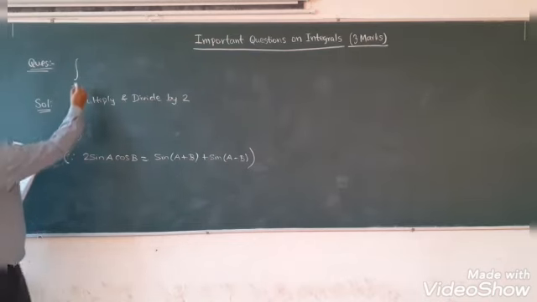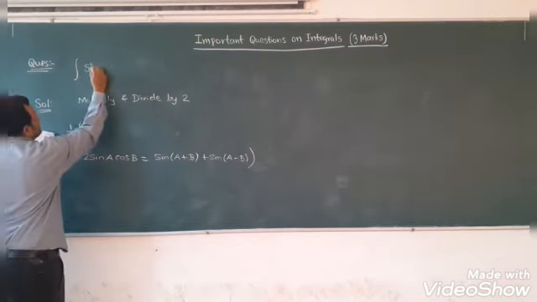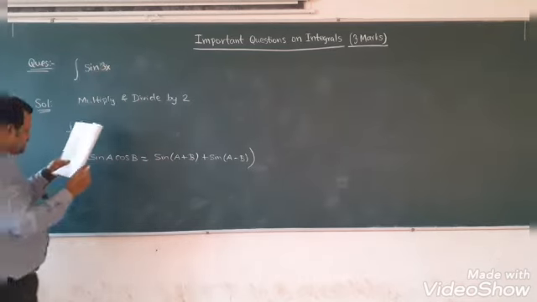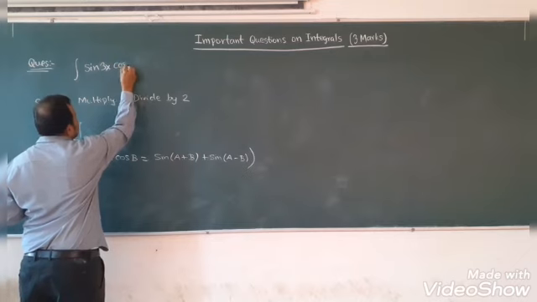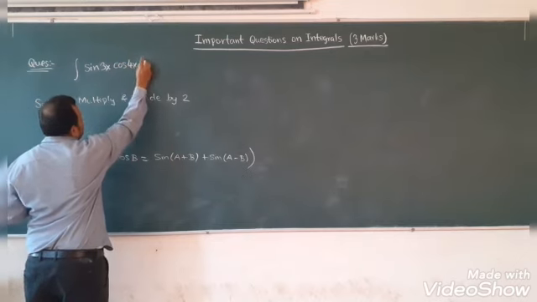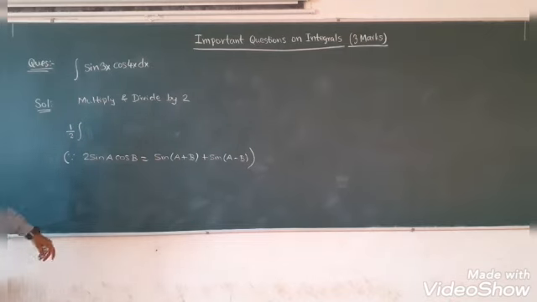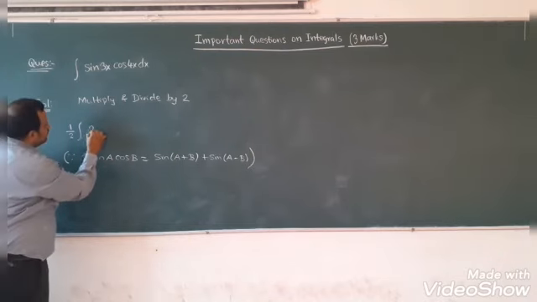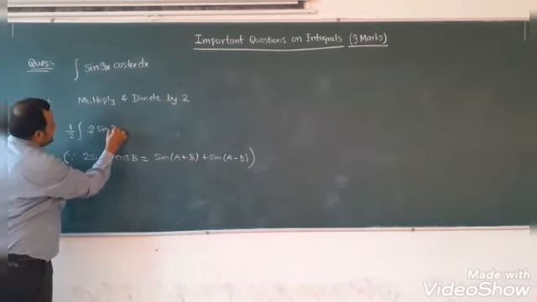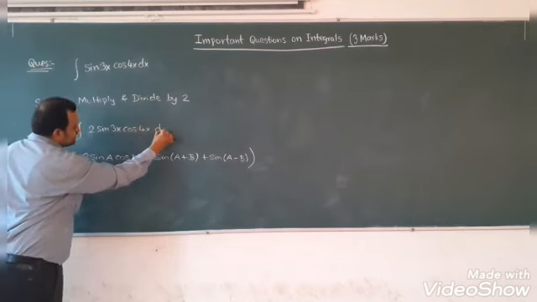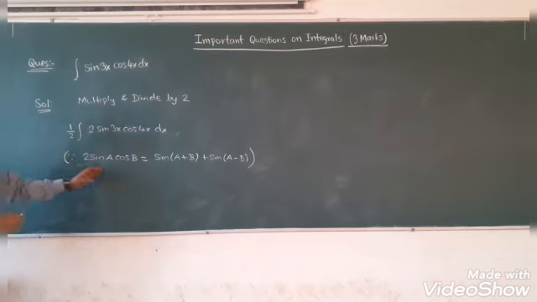The question is the integral of sine 3x cos 4x dx. Again almost the same. So again no formula, multiply and divide by 2. So this is 2 sine 3x cos 4x dx. So again make use of this result.